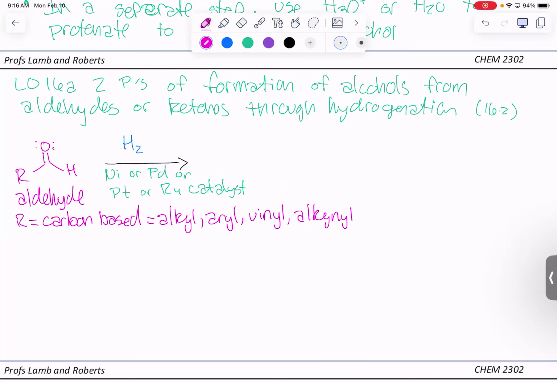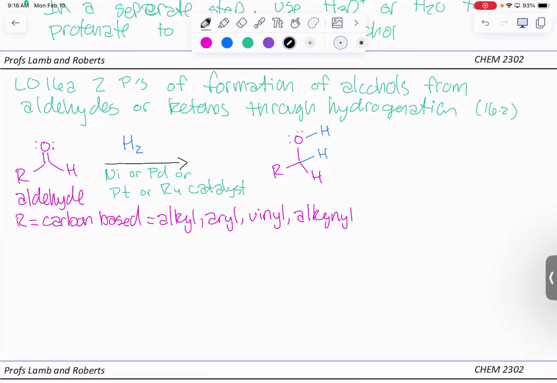And the product that we're going to get out is going to be our alcohol. We still have our aldehyde proton. Nothing's happened to that, but we've essentially added H2 across our double bond. So what that looks like is a product that looks like this. All right, so our H2 has one bond to the oxygen and one bond to the carbon.